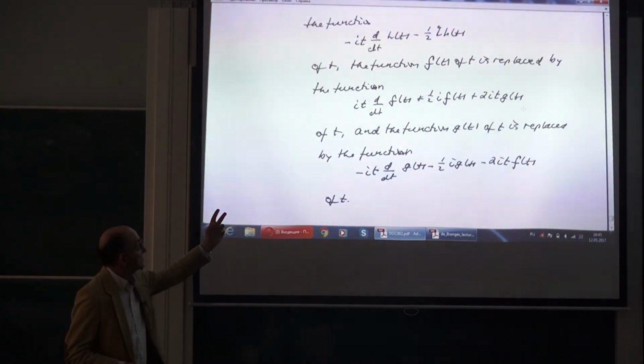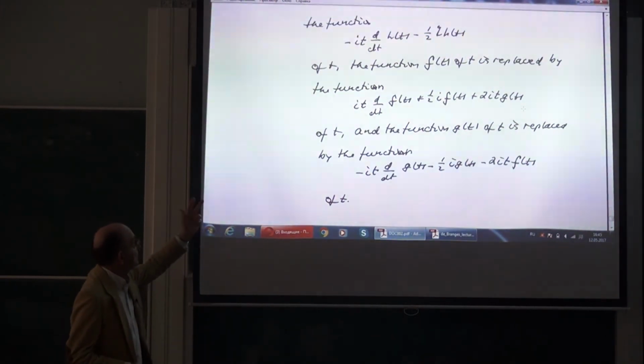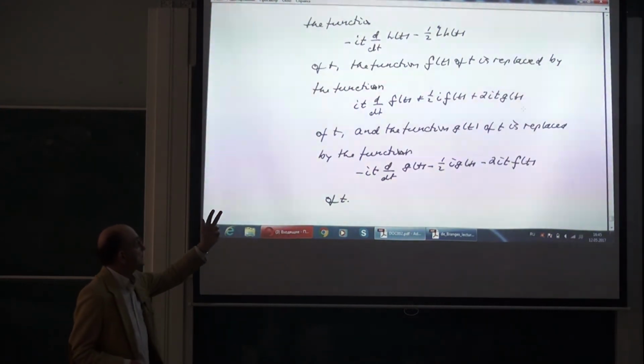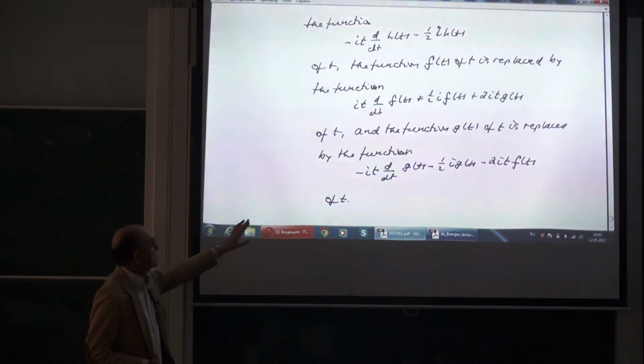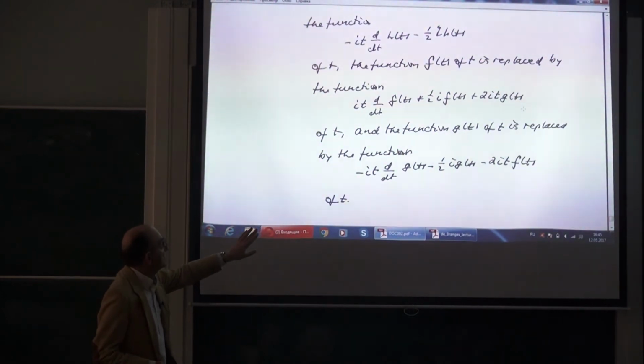The image in terms of the f and g, it's a differential operator that takes a pair of functions into a pair of functions. And the new differential operator looks very much like the original differential operator. There are perhaps some sign changes, but I think you'll recognize the first part of it is the same.